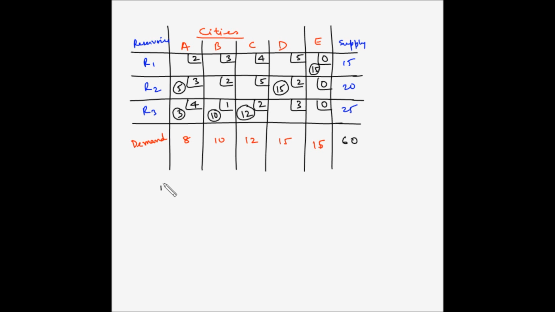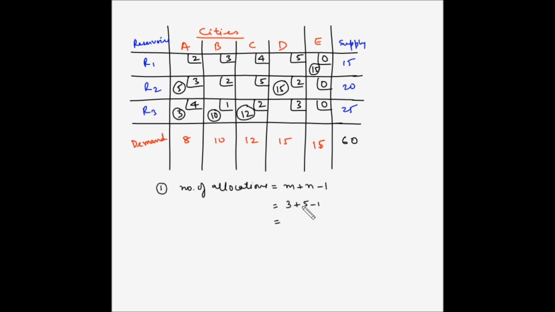The first criteria for acceptability is that the number of allocations should be equal to m plus n minus 1. Here m is the number of rows, n is the number of columns. So in our case, m is 3 and n is 5.